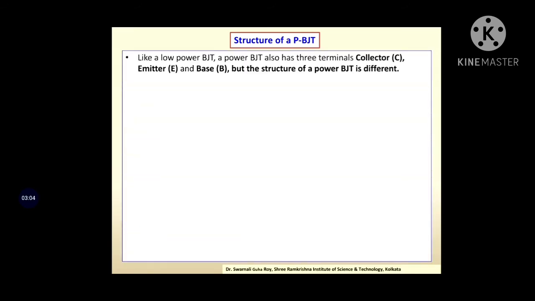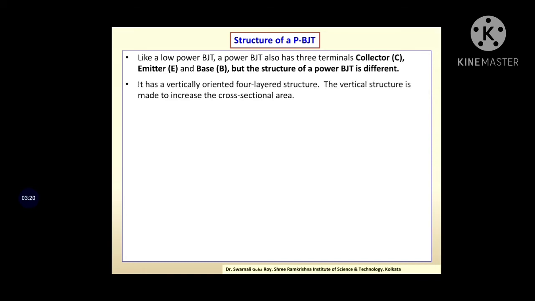Now, let us know about the structure of a power BJT. Like a low power transistor, a power BJT also has three terminals, that is collector C, emitter E, base B, but the structure of a power BJT is different. It has a vertically oriented four-layered structure.